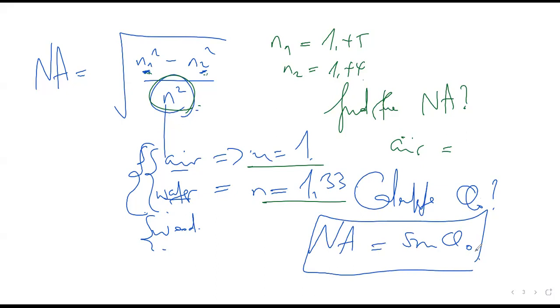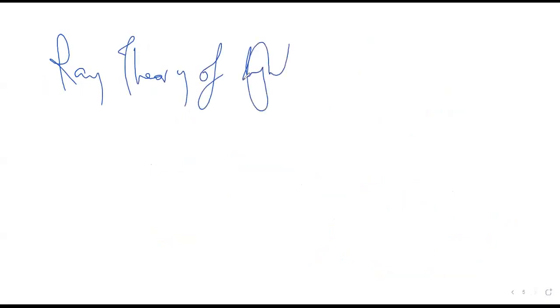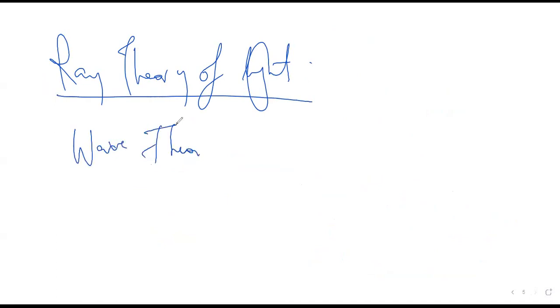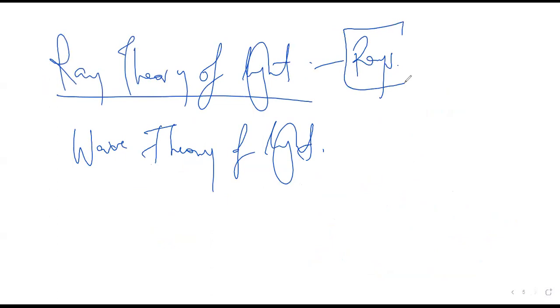All right. Ray theory of light. Everything that I summarized here to this point is called the ray theory of light. We also have what we call the wave theory of light. Ray theory deals mainly with rays and total internal reflection: how the rays are moving in an optical fiber.